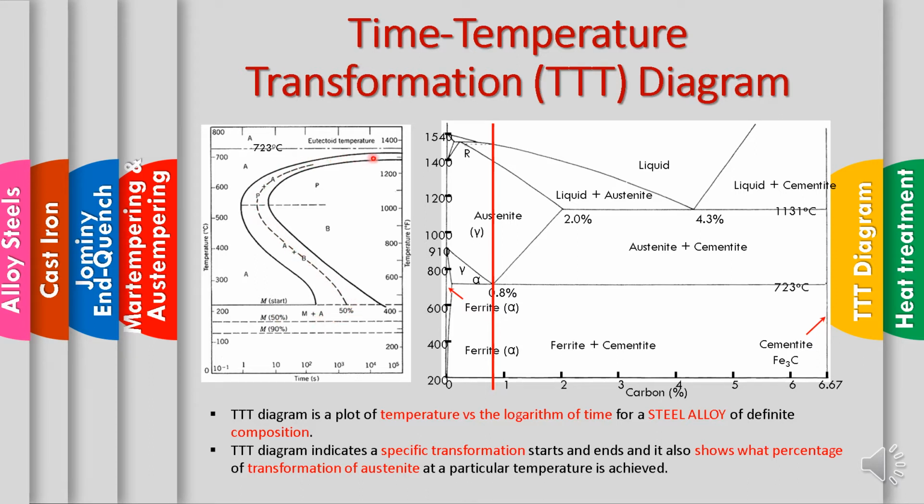So from there, we can analyze the temperature differences at a certain temperature, at the eutectoid temperature, and what will happen to the phase, in terms of austenite transforming to pearlite or other forms of phase.